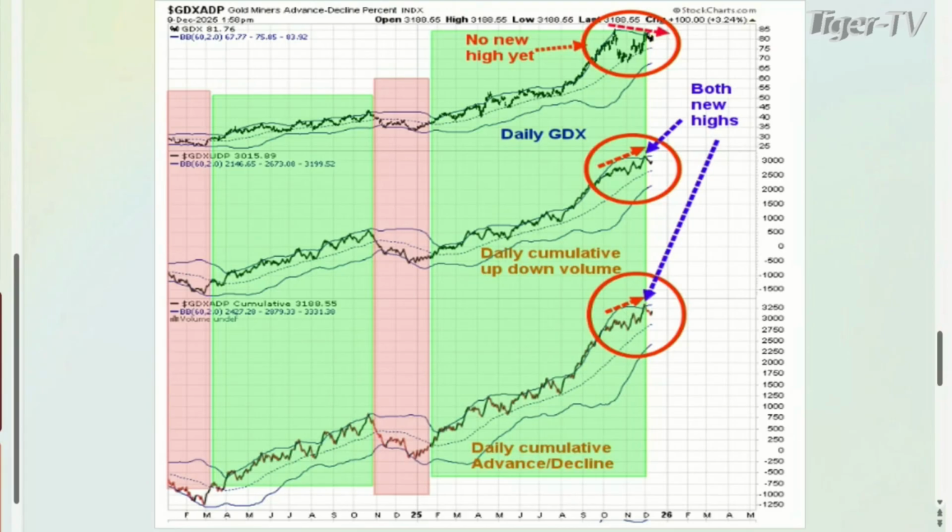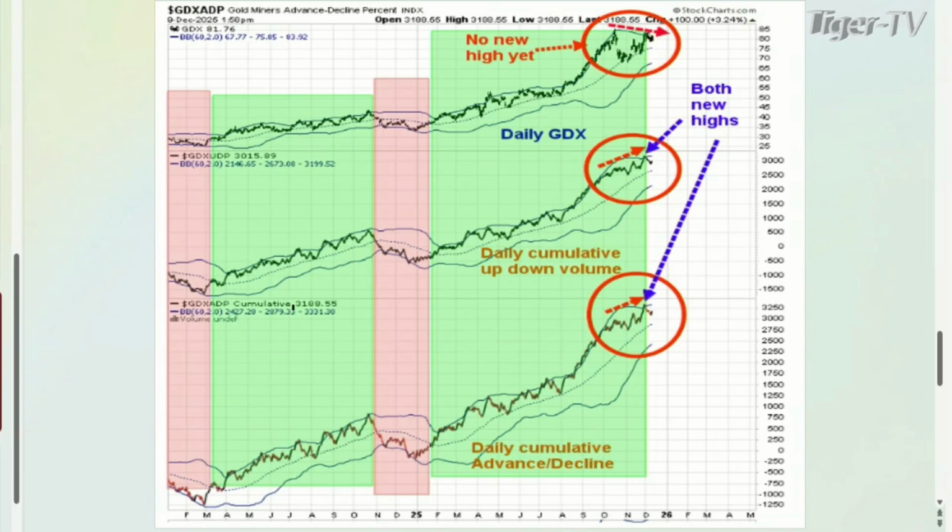This was last Tuesday's chart. I left it on, and I wanted to say that we're probably going to hit a higher high and go back up and test the October high. The reason I said that was because of this chart.